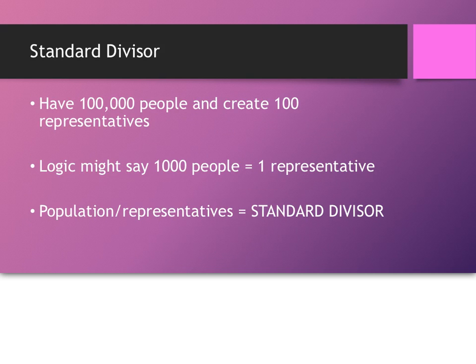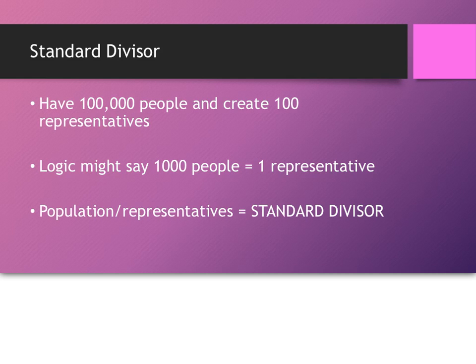Now, since we have 100,000 people and 100 representatives, it's logical to say, let's take that population, 100,000, divide it by the number of representatives, and that gives us a standard divisor.